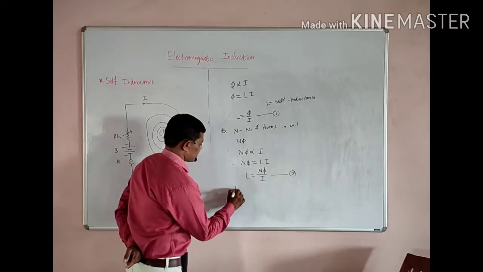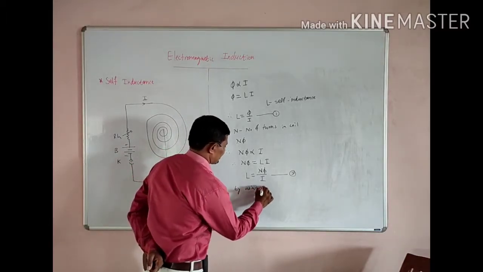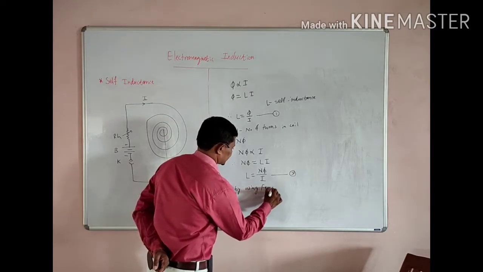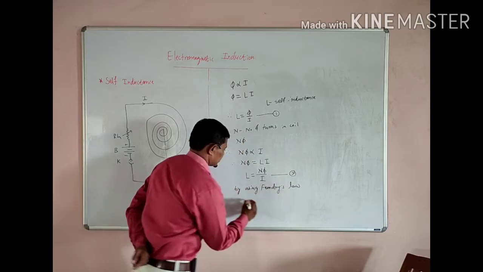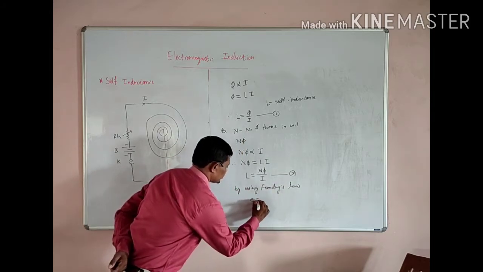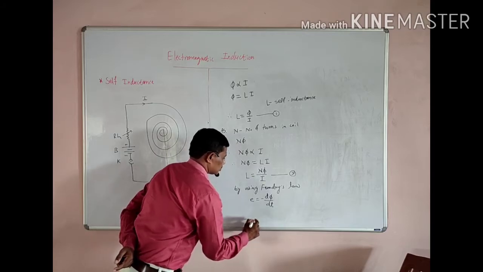Hence, by using Faraday's law, E is equal to minus d phi by dt.